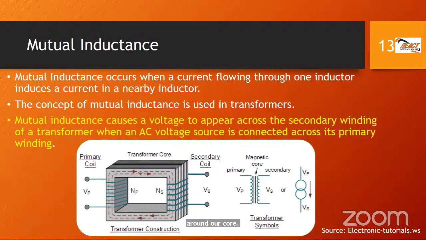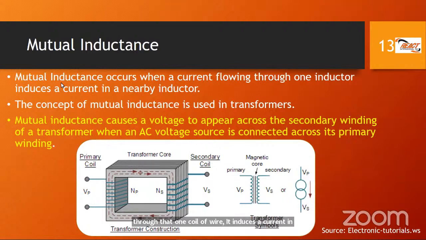Right. So we had discussed inductors and the fact that they have inductance. What we need to be aware of is that when a coil of wire is energized and an alternating current passes through that coil, if you have another coil of wire nearby, or wrapped around it in a core, then even though the current is passing through that one coil, it induces a current in the other coil through something called mutual inductance.